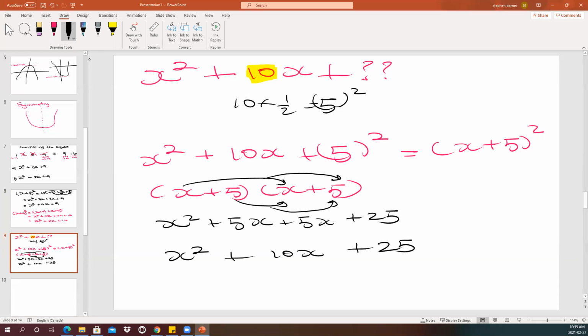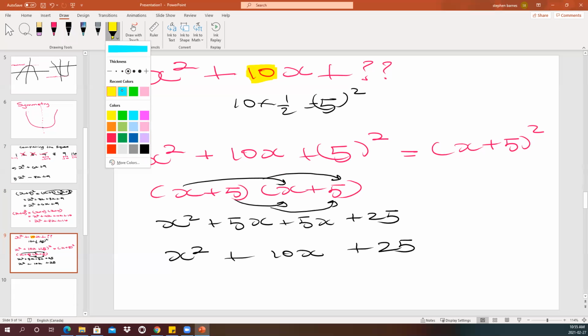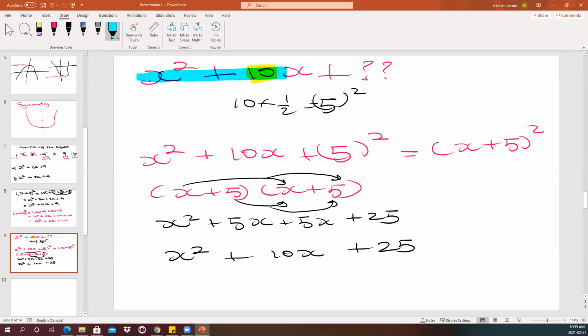So I'm just going step by step to show you. If you are given an expression that has ax and bx, and you're asked to make it a perfect square, what they're asking you is to find the c value, which is the value out here.